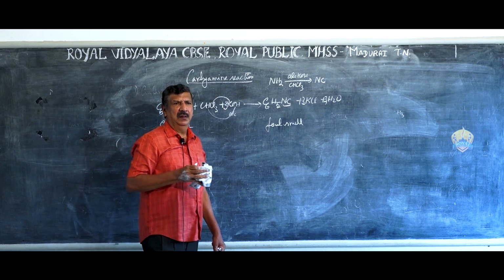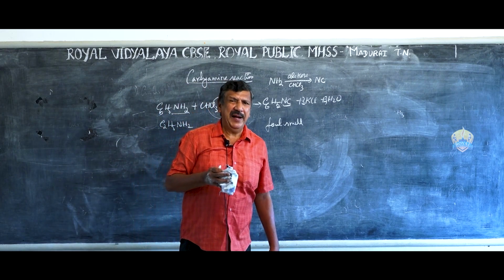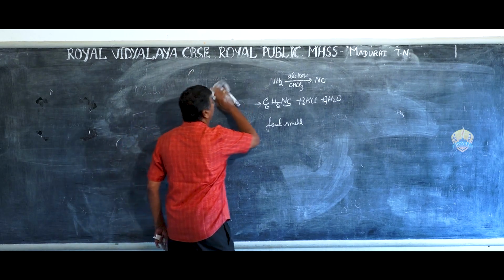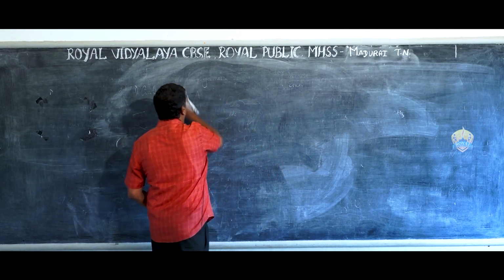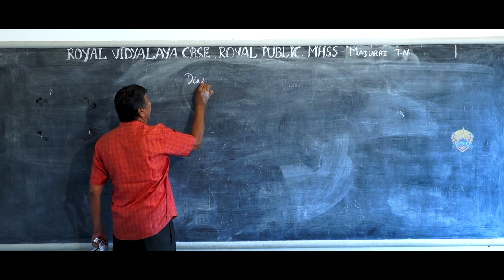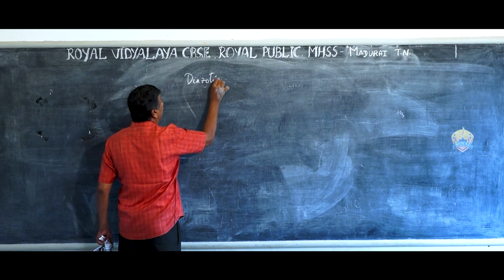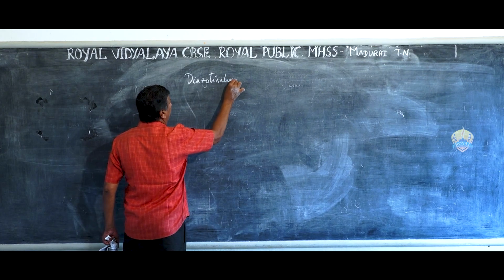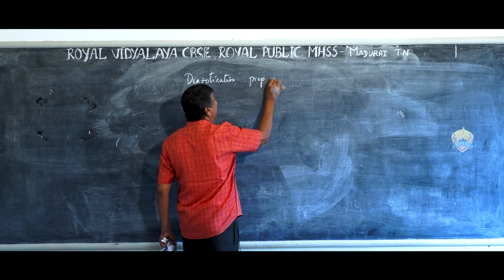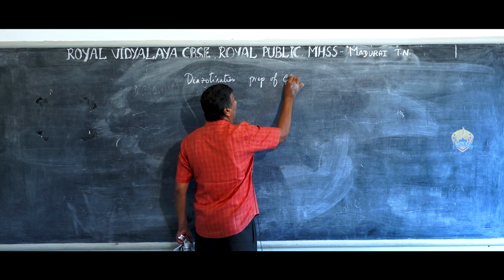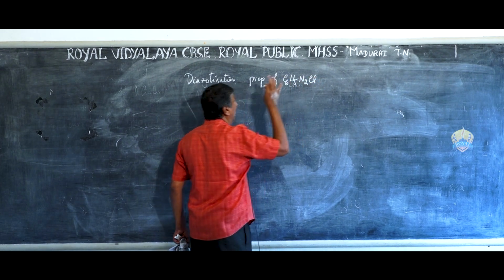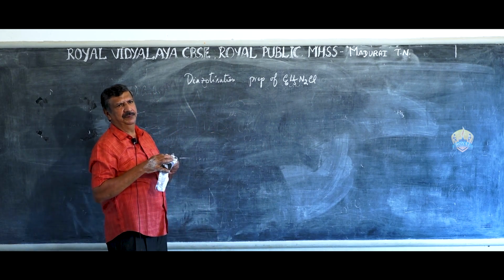Next one, we are going to see diazotization. Diazotization means, first of all, you understand what it means. It is the preparation of benzene diazonium chloride. This is called diazotization.